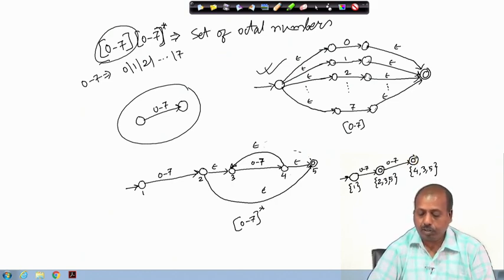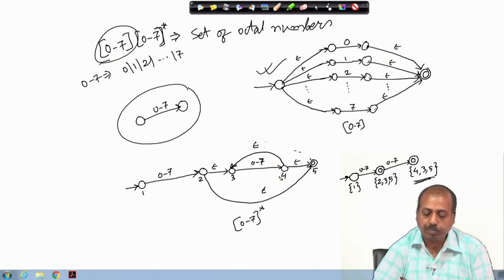Okay. Now, from state number 3 on getting 0 to 7. If I consider this particular DFA state, then from state number 4 there is no transition on 0 to 7, for 5 also there is no transition, but for 3 there is a transition to state number 4, and after coming to 4, if you take the states reachable via epsilon transitions, which is also known as epsilon closure.